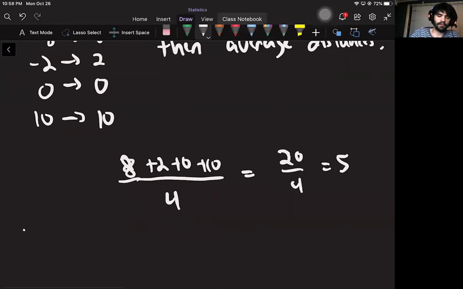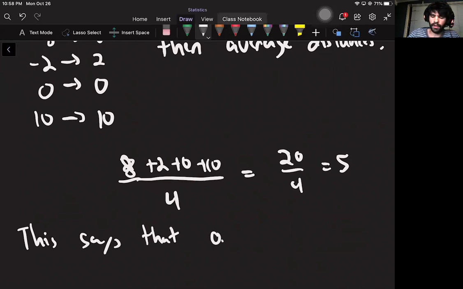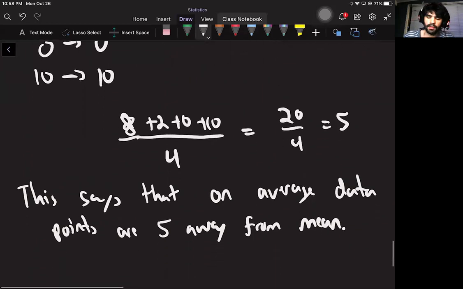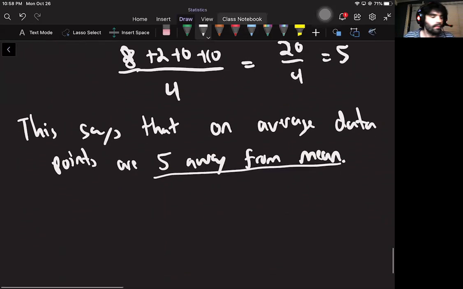So this is saying that on average, the data points are 5 away from the mean. That's the idea. All we've done is averaged the distances to the mean. So that number is 5, and that's what we're saying.